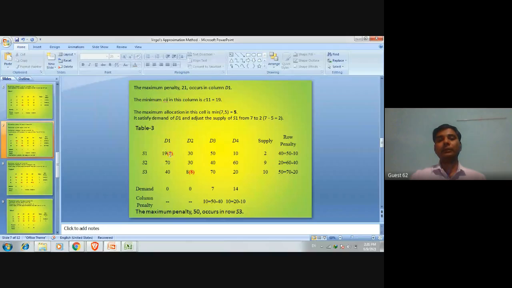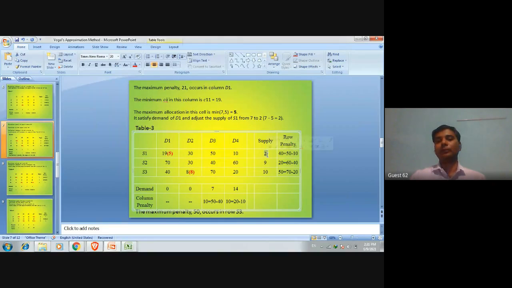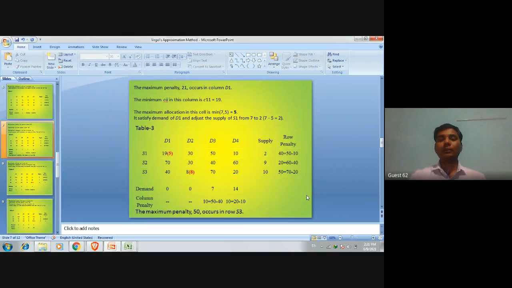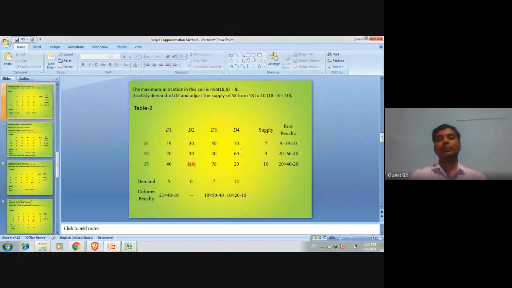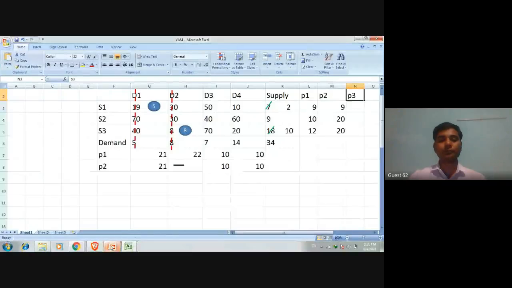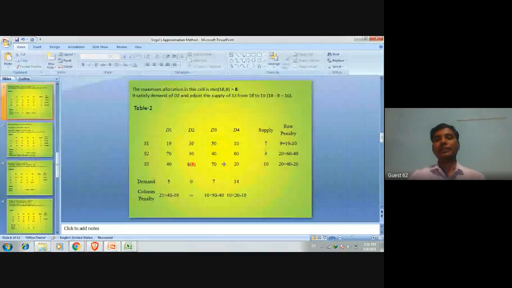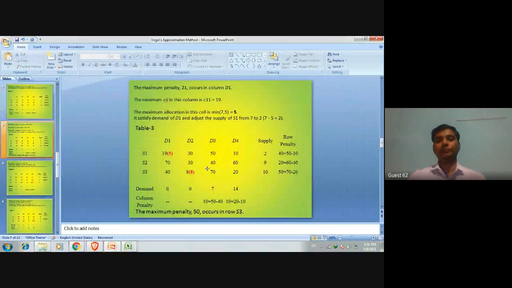Now what is the supply? That is 2. This is left here. Check this table, I have also mentioned it in the PPT.